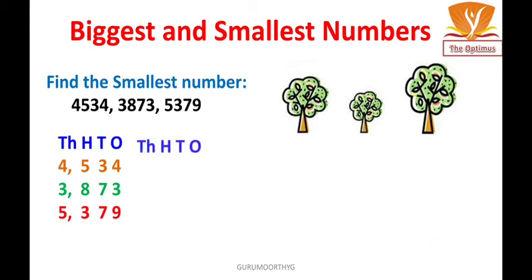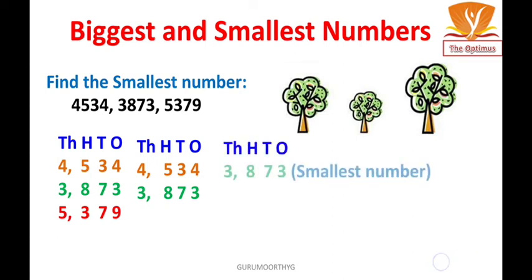So I am eliminating the bigger value, that is 5379. The remaining values are 4534 and 3873. Again we compare these two numbers. Here the first number is 4000 and the second number is 3000. Among these two, 3000 is lesser. We select that number. Therefore, 3873 is the smallest number.